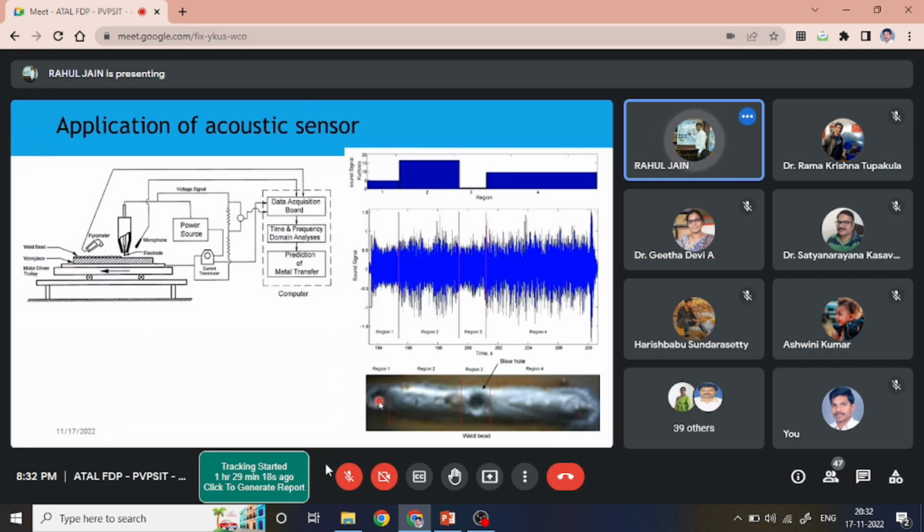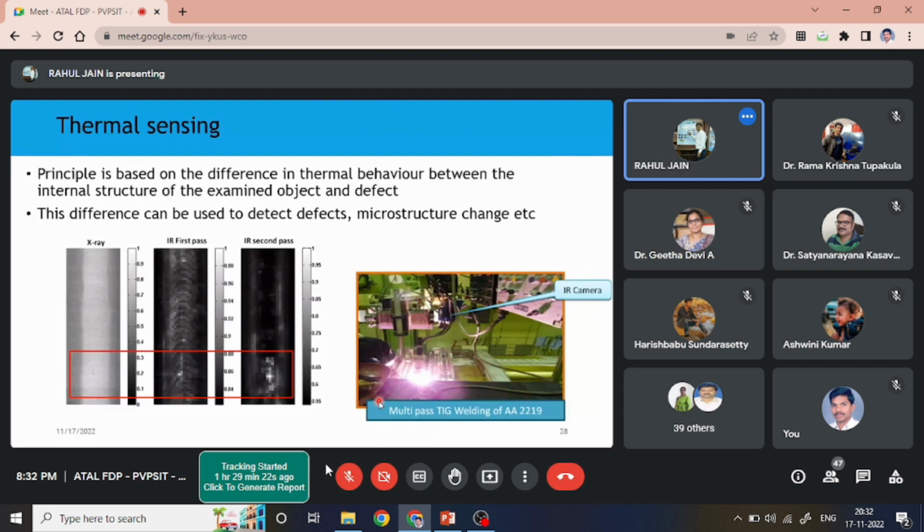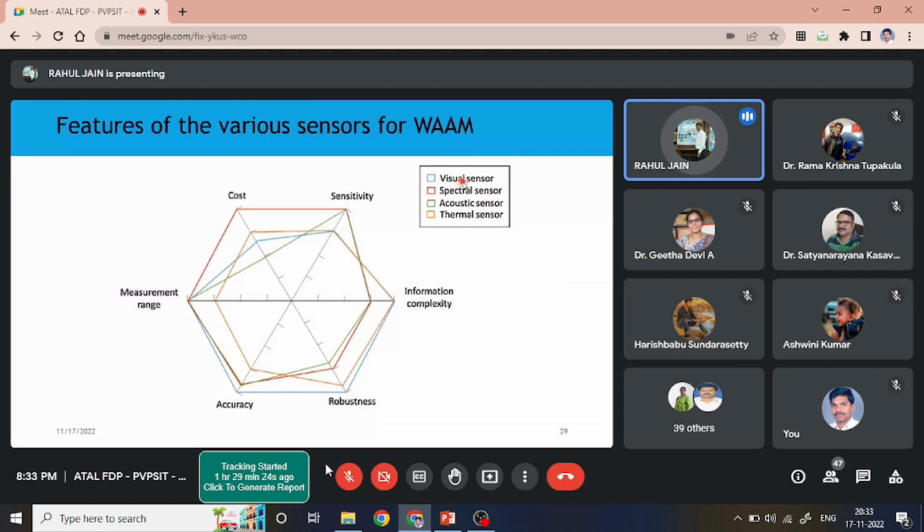This information, this acoustic signal may not be able to give you, but the visual sensor can, because you are able to capture the molten pool dynamics, right? So that kind of complexity the visual sensor can handle, but the acoustic sensor may not be able to handle. Is it robust?